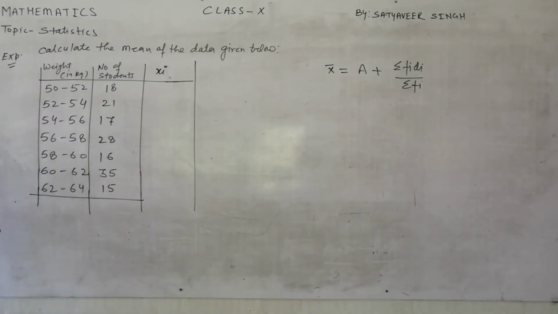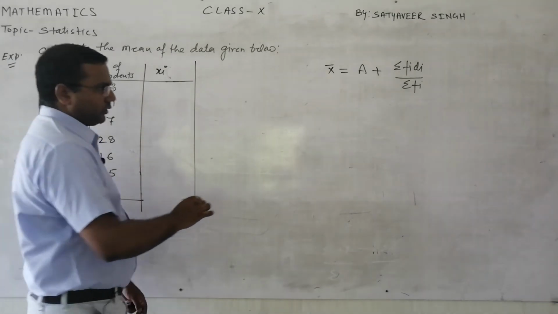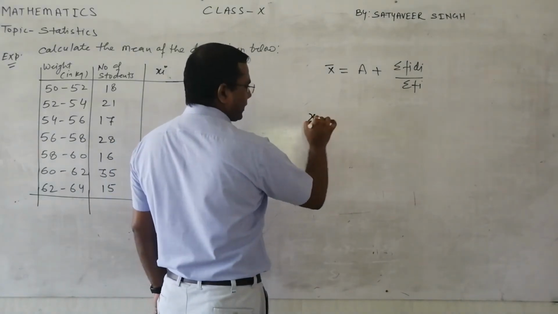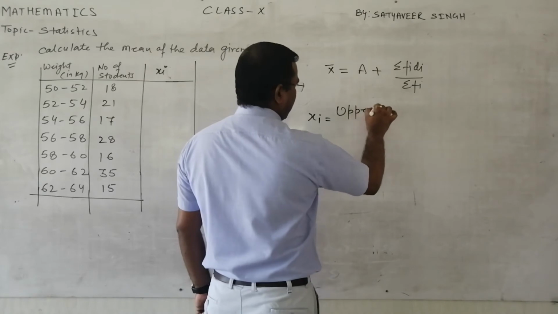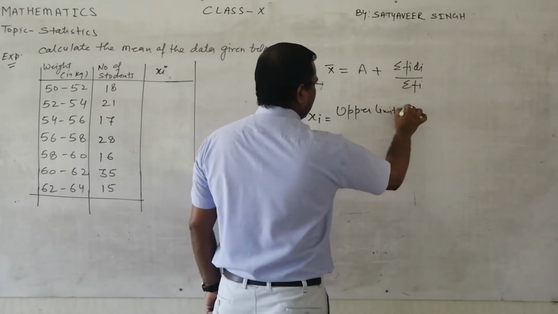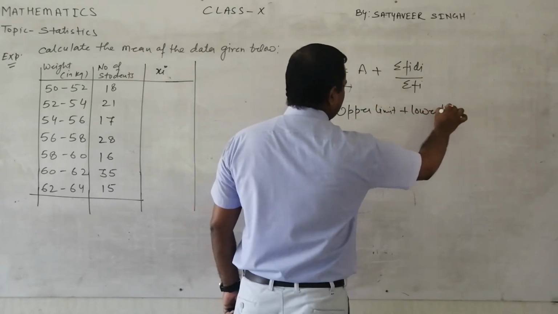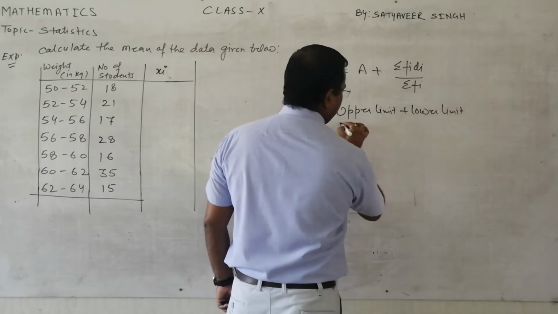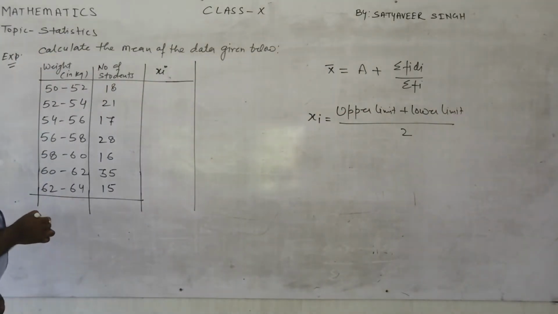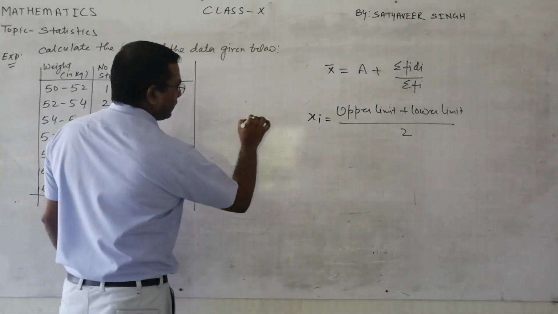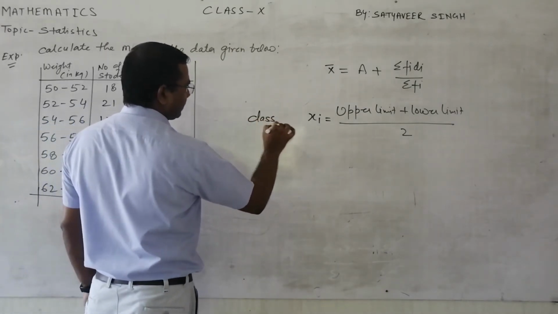How will we calculate xi? I hope you know this. We use the formula upper limit plus lower limit and divide by 2. This is the formula for calculating the class marks.